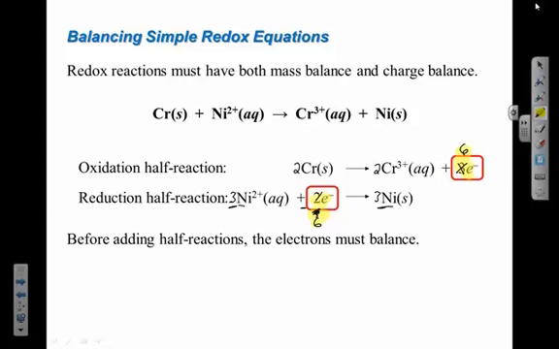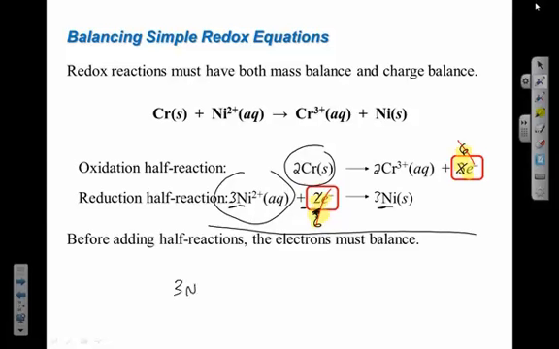So now that they're equal, I can think about them canceling. They're on opposite sides of the arrow, so they cancel out. And then I write the sum of these 2 reactions. Add everything on the left. Add everything on the right.